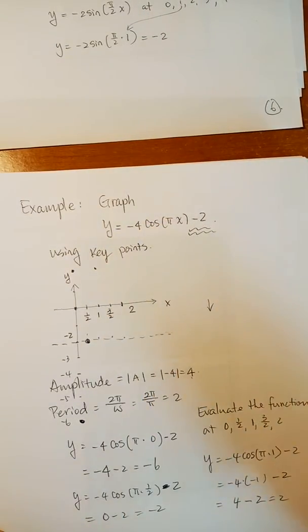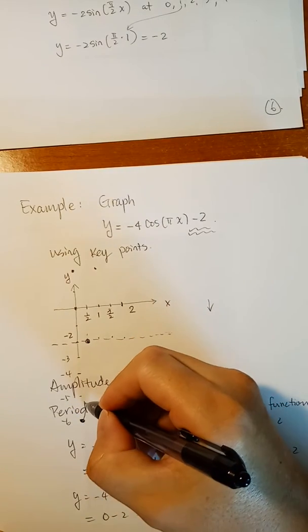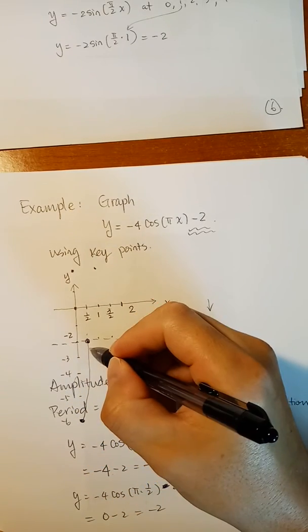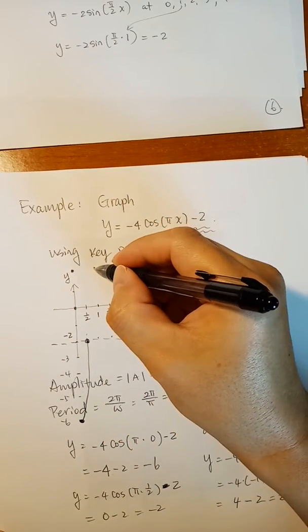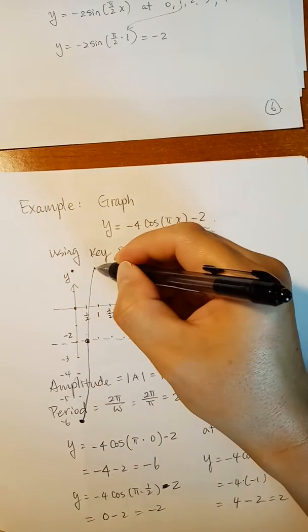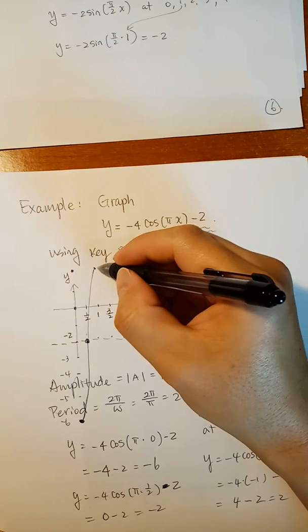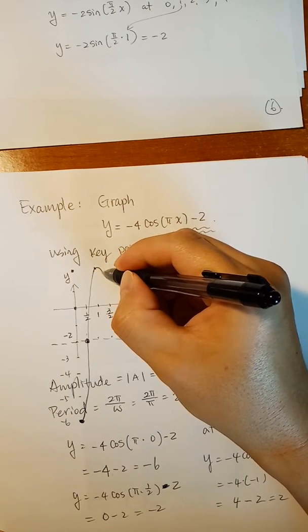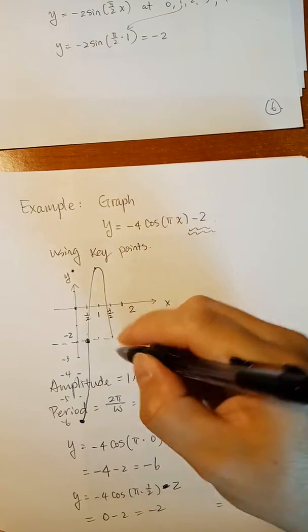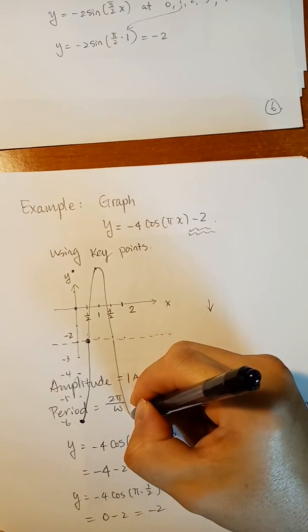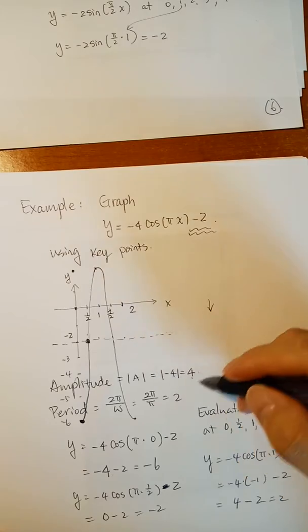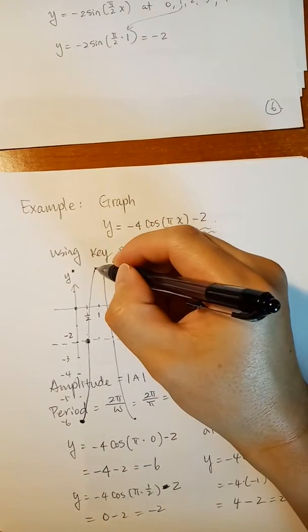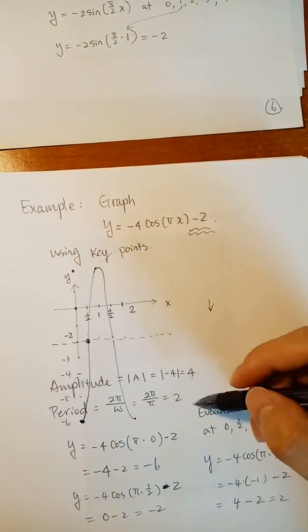So if you continue this, you will see it is like this, and up, and down. Very, very thin because the 4 is too big and the 2 is too small. Okay? So that's the graph of this.